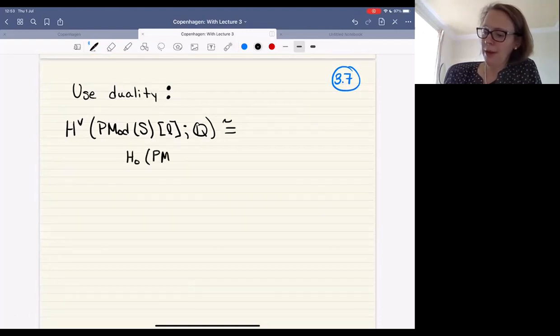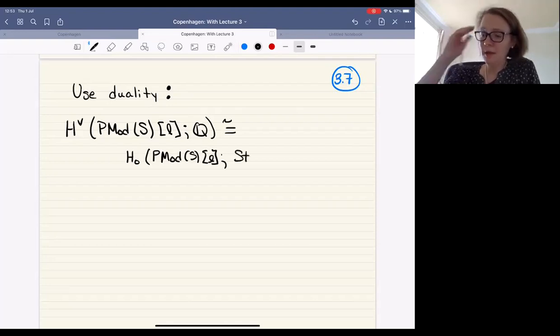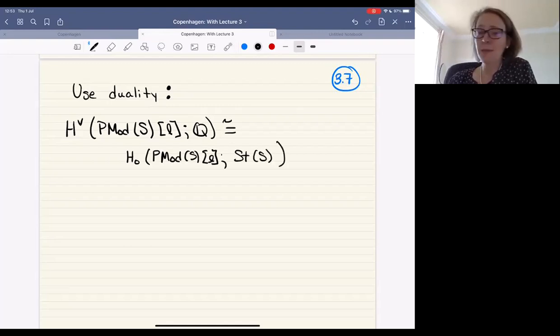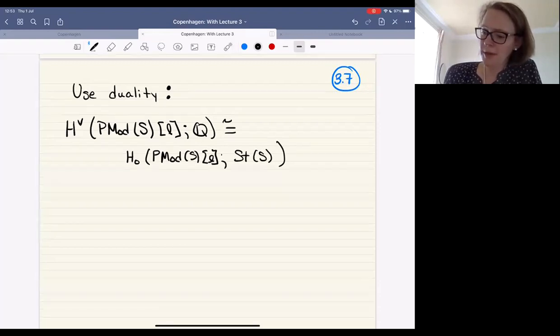We know all about the Steinberg module now. And we know that through duality, we can just make this a question about zeroth homology with coefficients in the Steinberg module. Okay, so we're experts at this now.